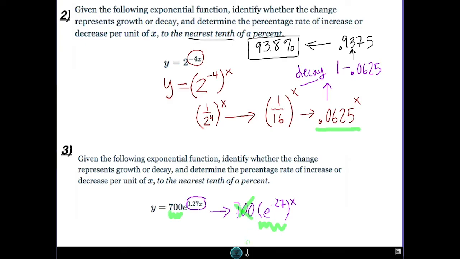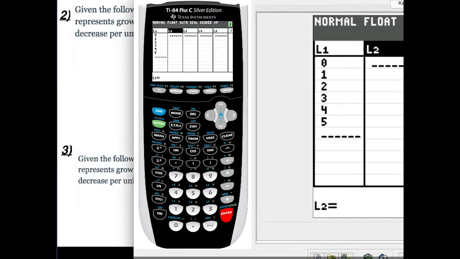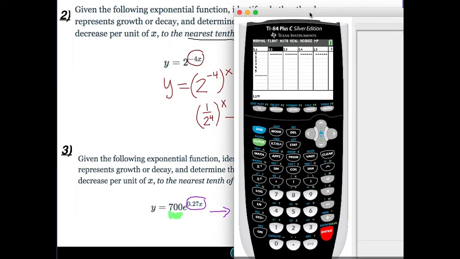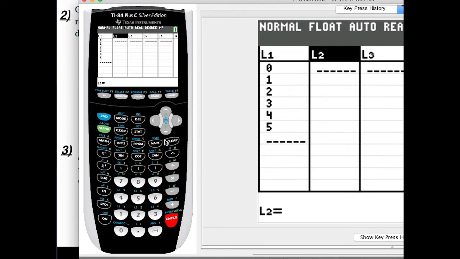I'm going to use my calculator on that. Remember, we're not estimating e. So when we find this, I'll pull my calculator into view here. We want to make sure we're using this e to the power of 0.27. So let's clear this.